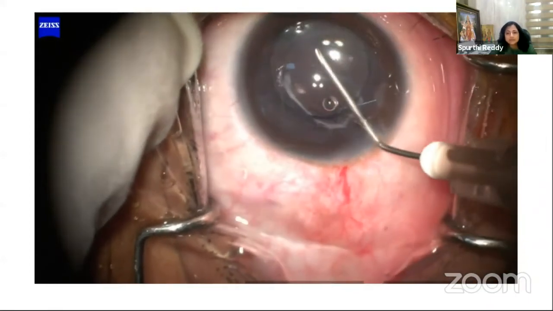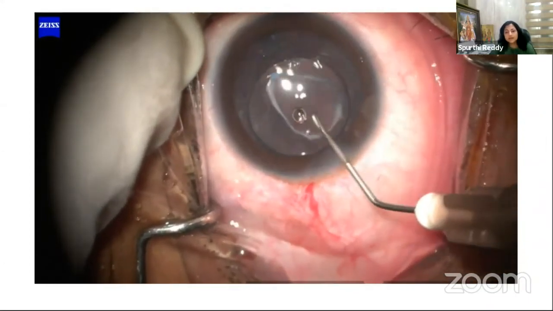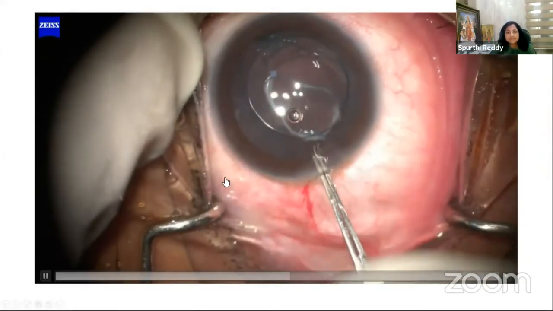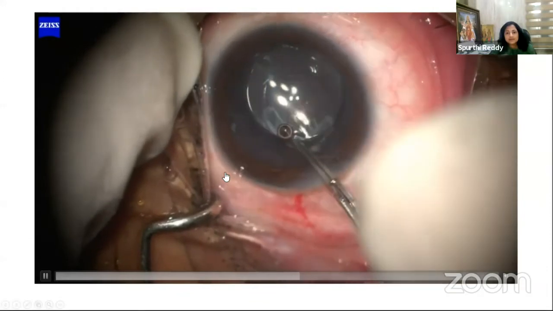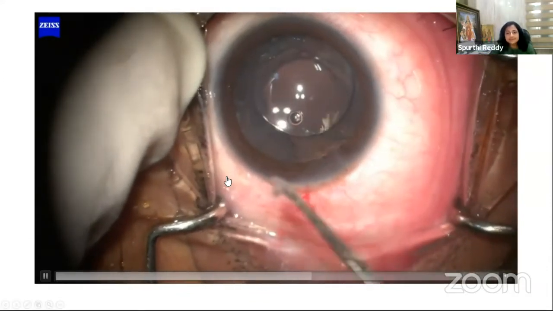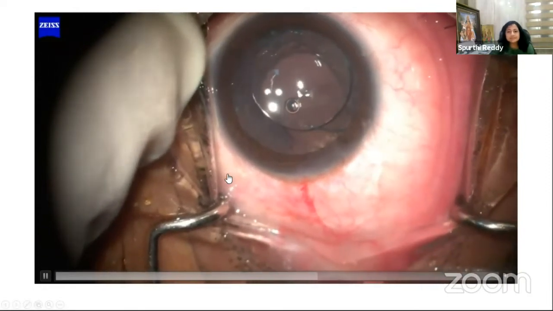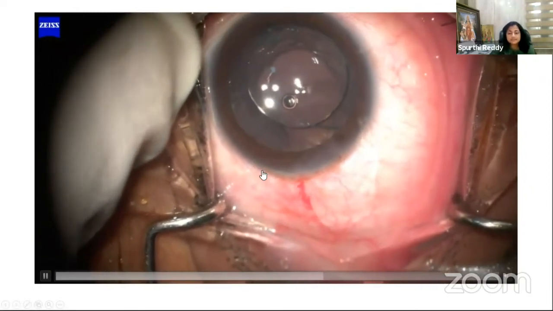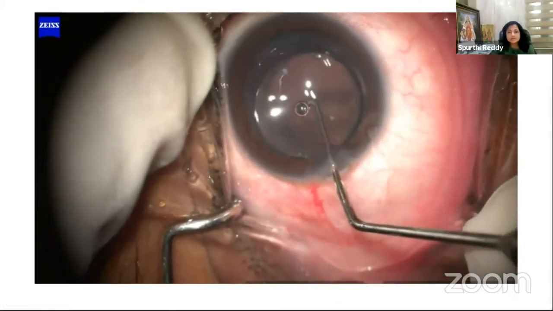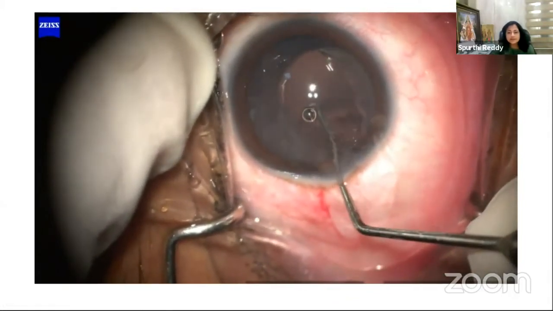And with the same system, the posterior capsule was punctured. An Utrata forceps was used to remove the residual phimosis ring. So now the posterior capsular dehiscence is created.